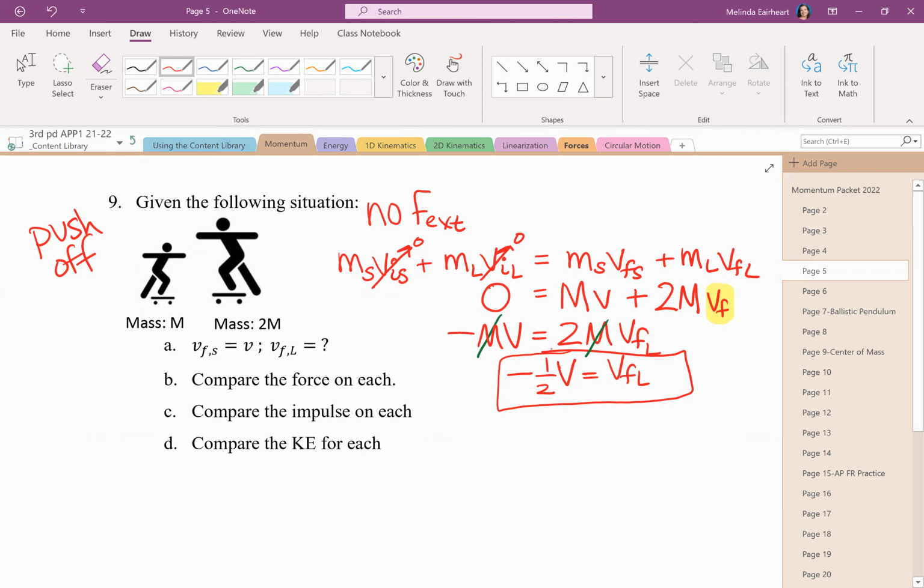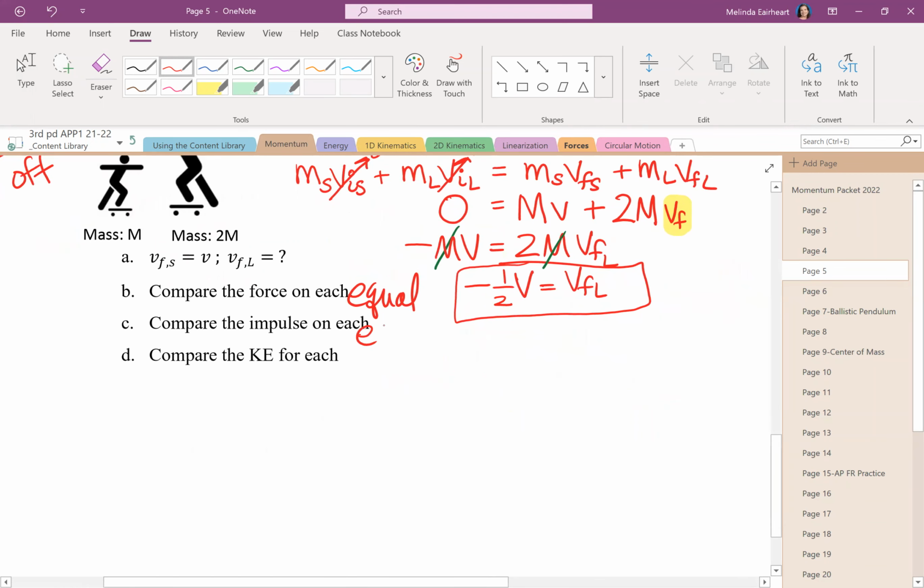Newton's third law says, if I push on you, you push on me, how much? Equal and opposite. So the magnitude would be equal. And if it happens in the same amount of time, we're touching hands, pushing off the same amount of time, compare the impulse on each. Equal, okay?